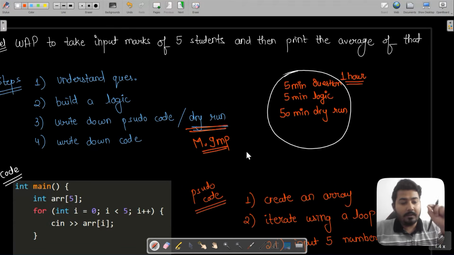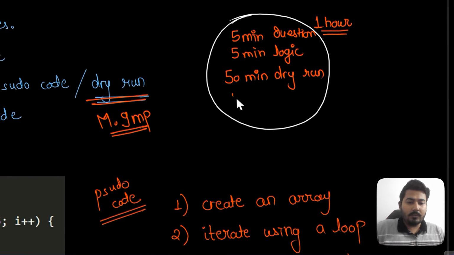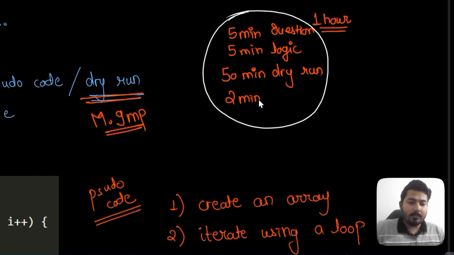Because if you have spent lots of time on the dry run, if you have taken at least 3 examples and dry run on those 3 examples completely from start to end, completely, I'm focusing on that part, completely dry running from start to end on at least 3 examples, the interviewer will understand that you do not need to write down the code, because after that you will just need maximum 2 minutes on the coding.